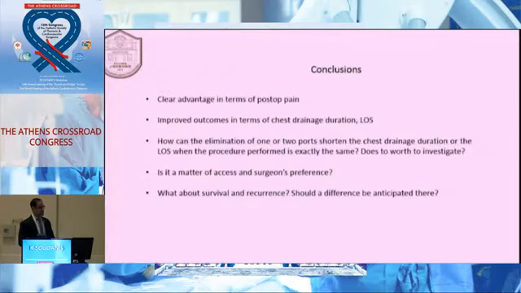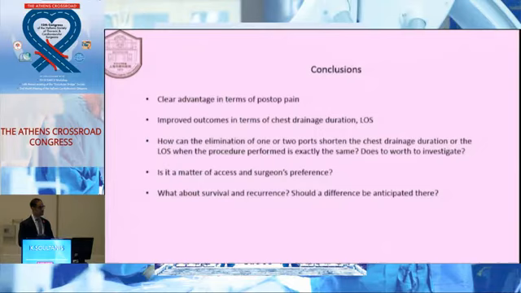To conclude, there seems to be a clear advantage in terms of postoperative pain favoring the uniportal VATS technique. And there are also improved outcomes, again favoring uniportal VATS, as far as chest drain duration and length of stay are concerned.